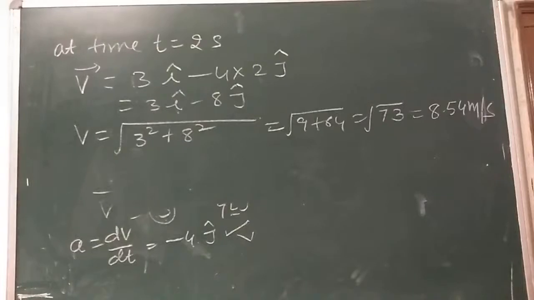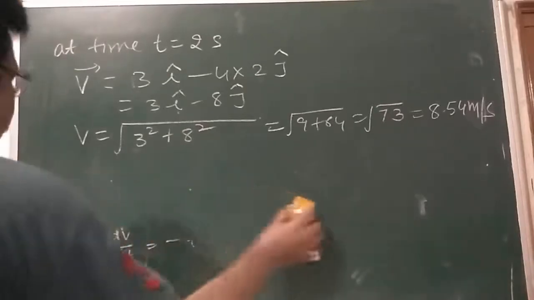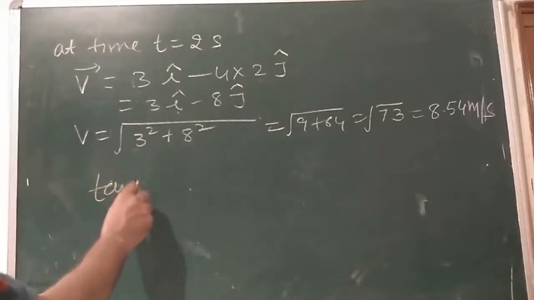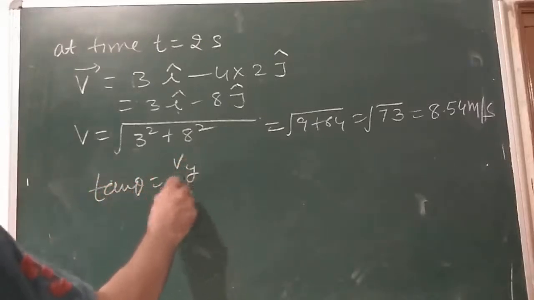Now another thing is the direction of velocity. If theta is the angle between v and the x-axis, I can write here, children, tangent of theta is equal to Vy by Vx.